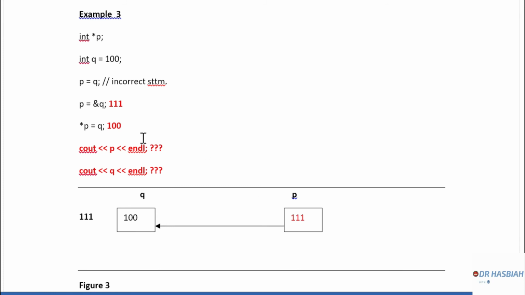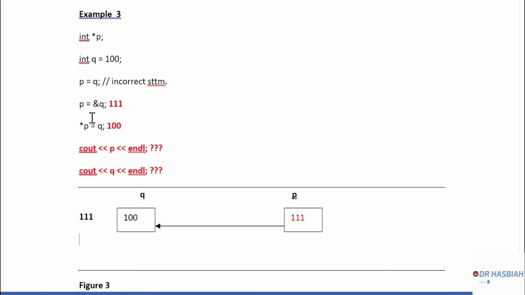Let's say after this we have ampersand P equal to Q. What does this statement mean? Meaning you want to assign the value of Q to pointer P. When you have this statement, P will point to this Q here.